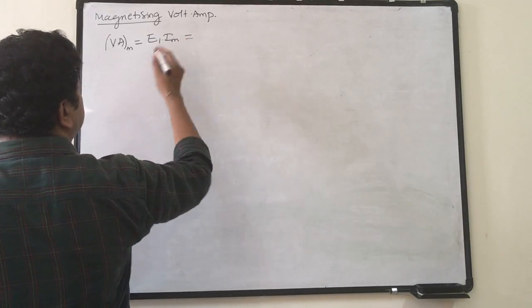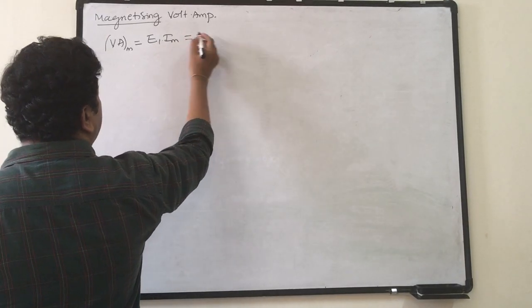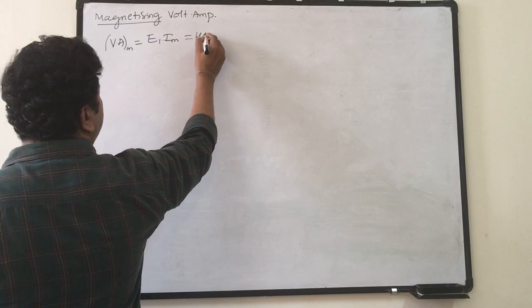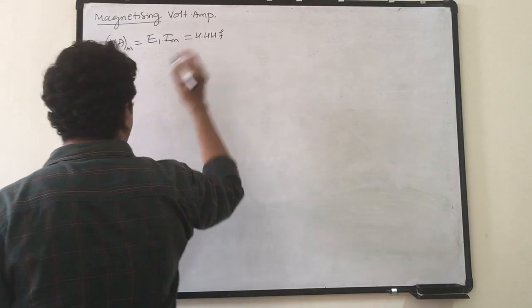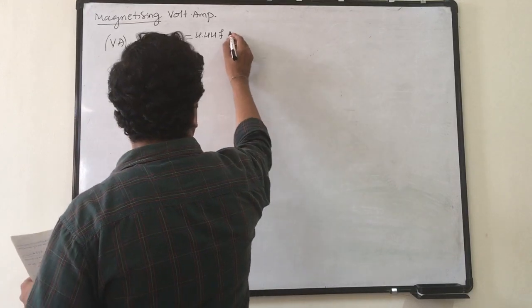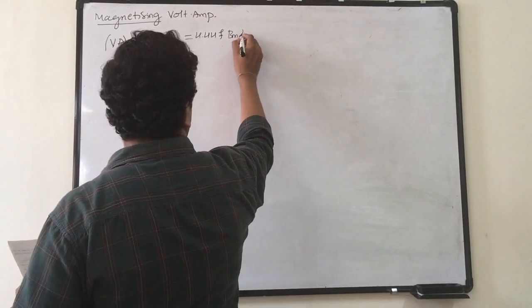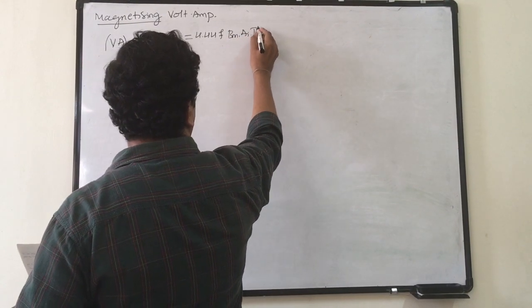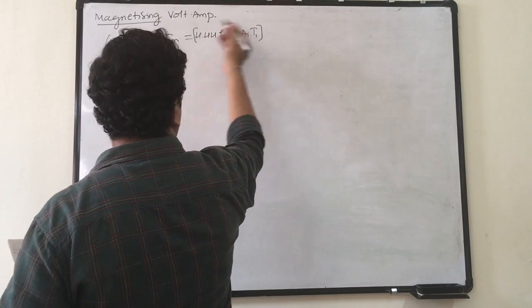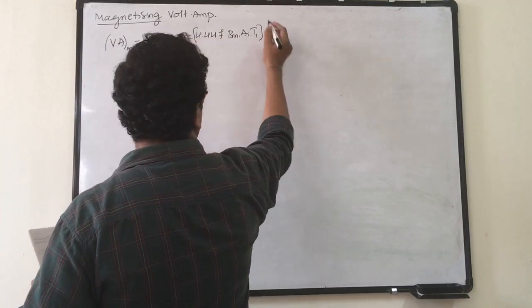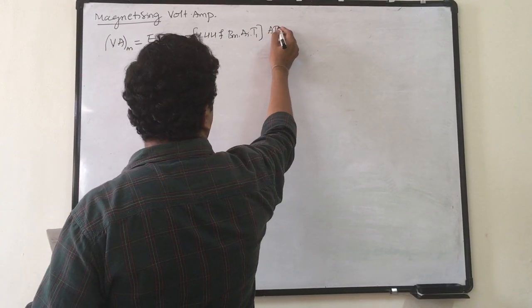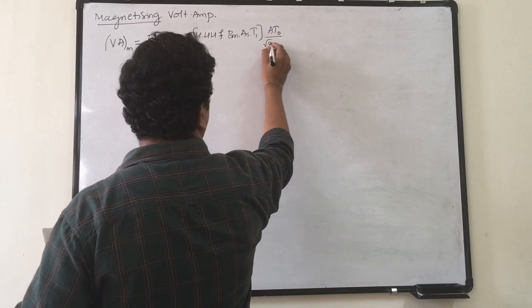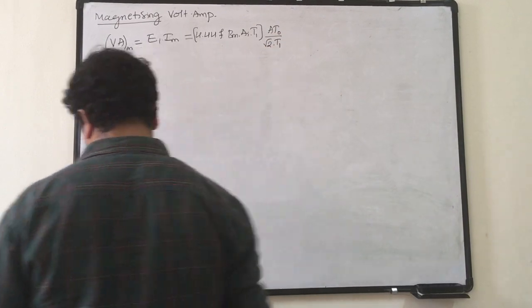E1 I can write as 4.44 F Bm Ai T1. Phi I will be writing as Bm into Ai, and Im I will write as AT0 divided by root 2 into T1.